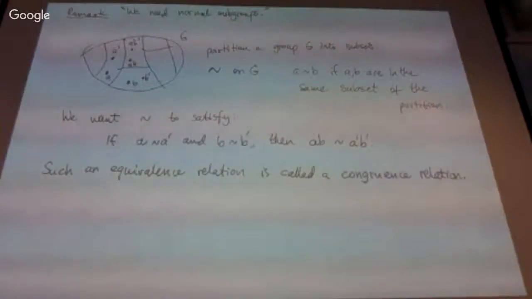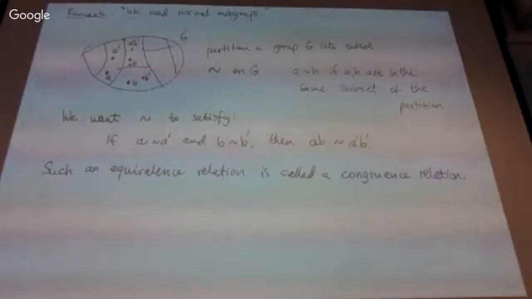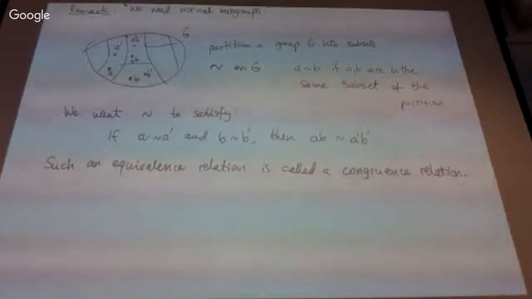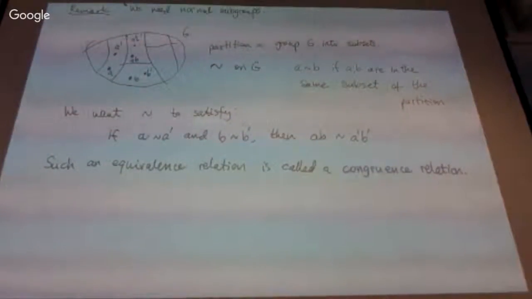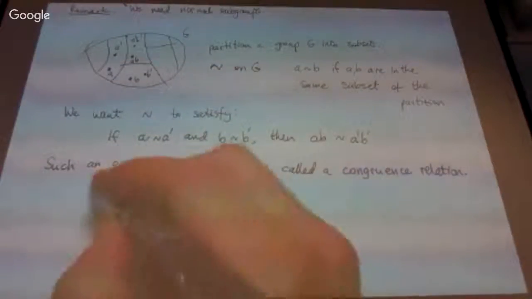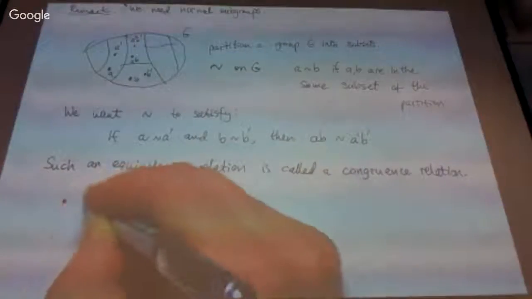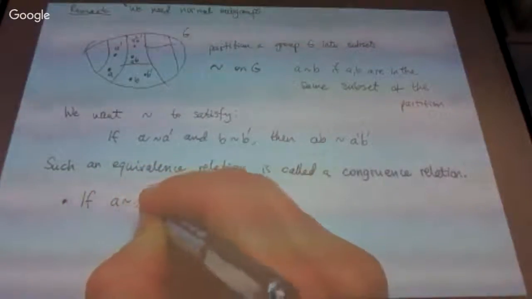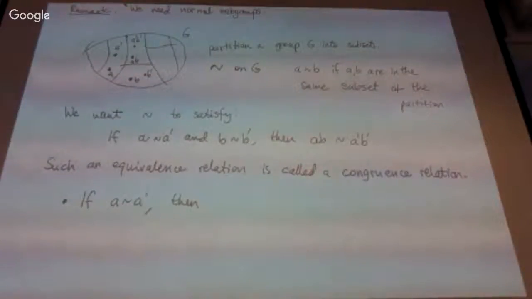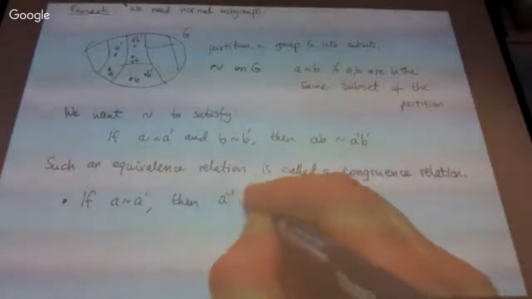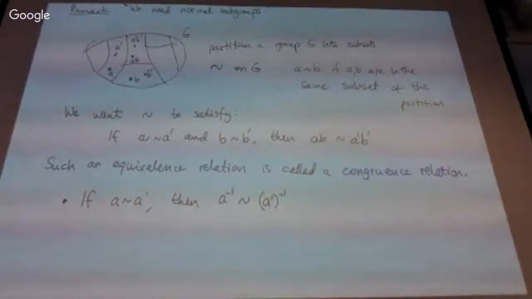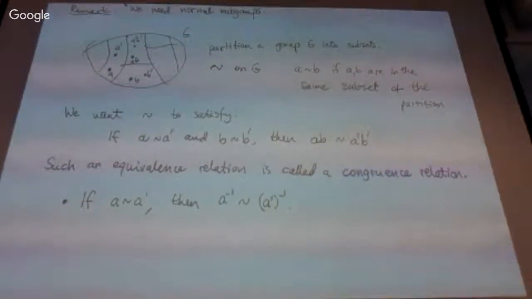Now there are a couple of things that one can observe. So, prove: if you have two elements from the same subset, then their inverses are also in the same subset. That's the first thing that one can prove.